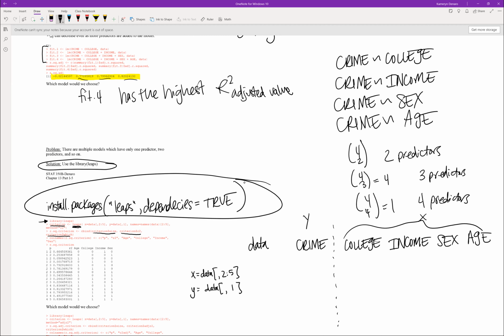So here I can see the value of R-squared for different size models. Okay, so let's walk through the first line.